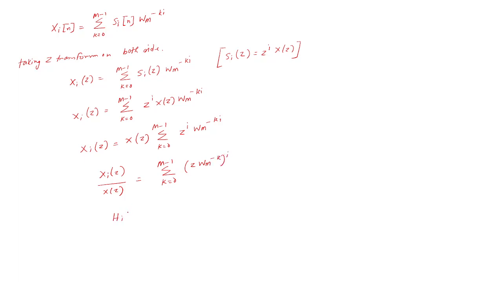This is nothing but the transfer function of the ith branch that we are interested to find. So if I put i equal to 0 here, H_0 of z is obtained as 1 plus z up to z to the power m minus 1.